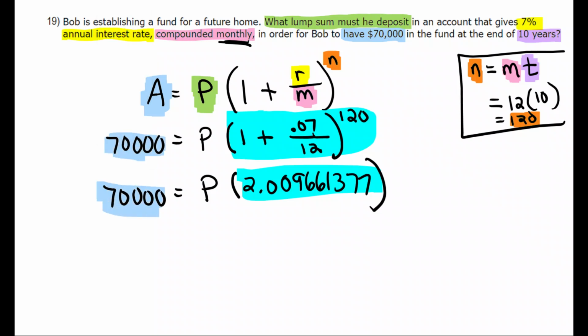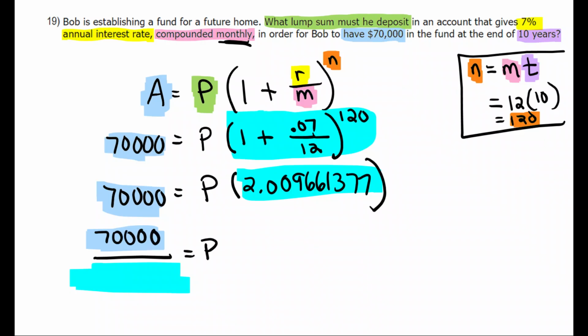All right, this is blue and this is blue. So my last step is I'm going to take that light blue number and I'm going to divide it by that teal blue number. And the number in the teal blue is still in my calculator.